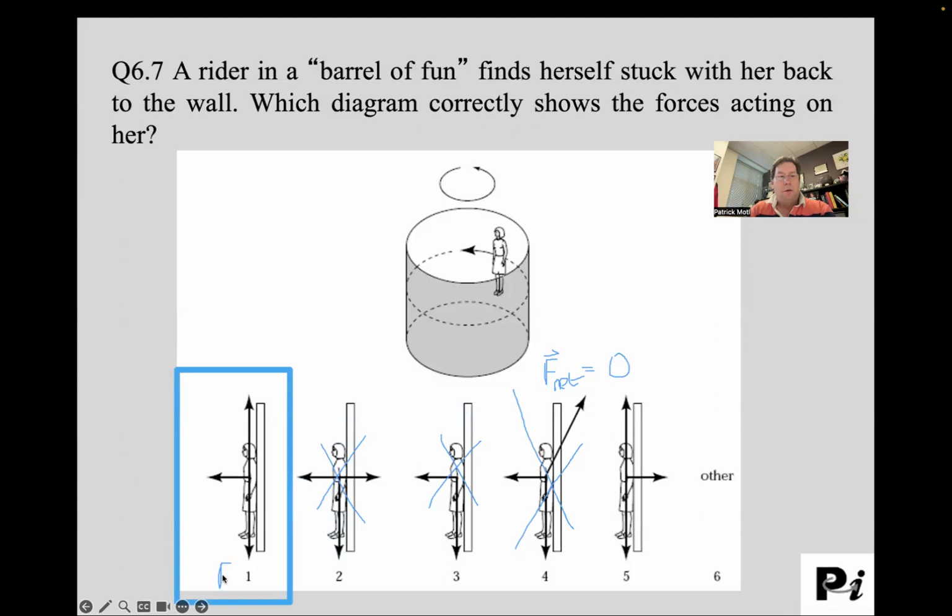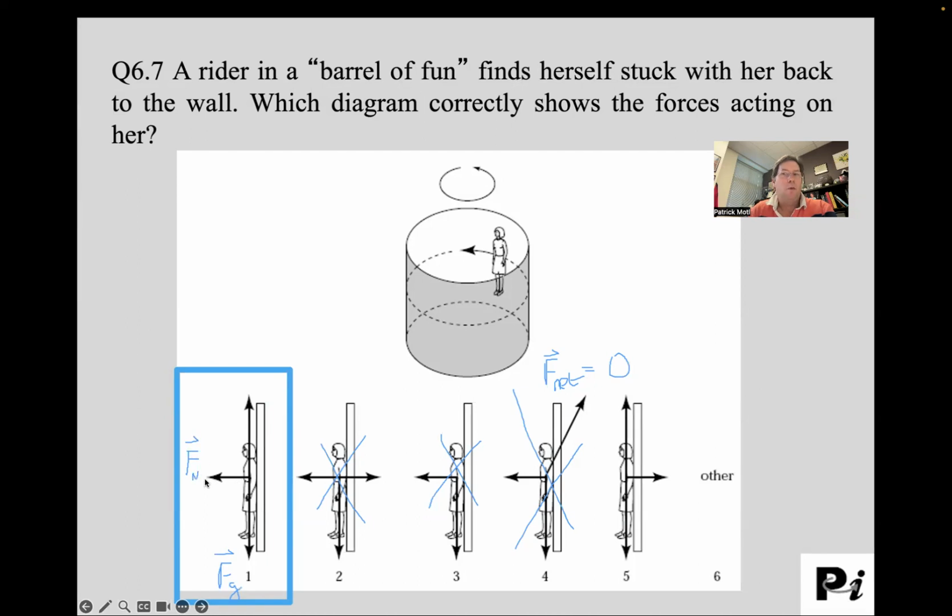And so let's just go through and label what all these forces are to make sure we're all in agreement on what's going on. So her weight acts down. That's not a surprise. You always are going to have weight when you're in a gravitational field. The wall prevents her from passing through the wall and instead goes through circular motion because it exerts a normal force.